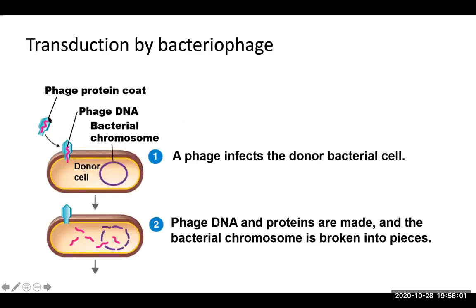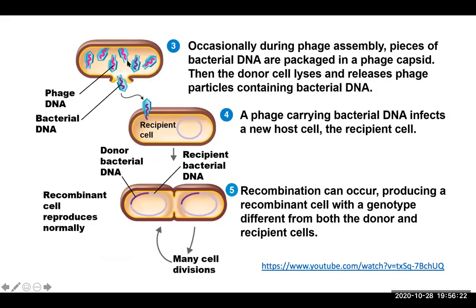So a bacteriophage injects its phage DNA into the first bacterial cell, and it goes through the replication process.